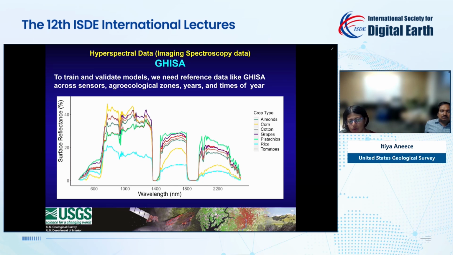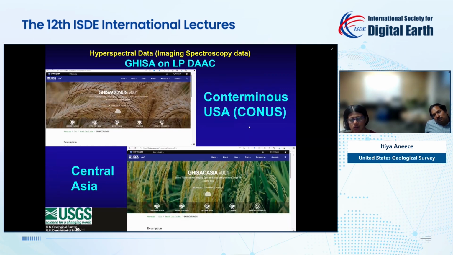And here is an example of GISA for Prisma data for different crop types. You can see some pretty big differences between these crop types here. So we've already published some GISA data in LPDAC, like Partha mentioned, and we also have some in the USGS science-based catalog, and we're working with global collaborators to grow this data set even more.